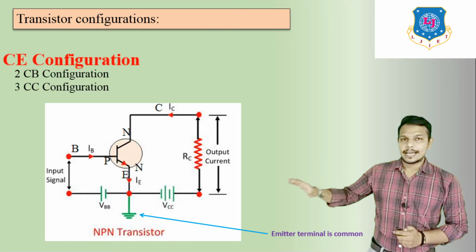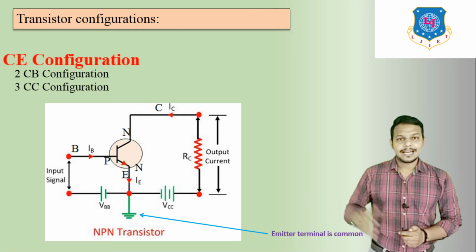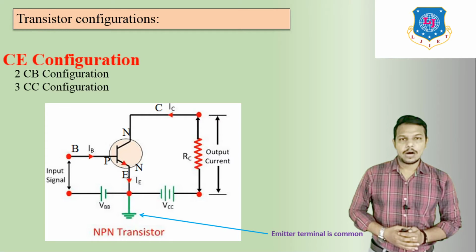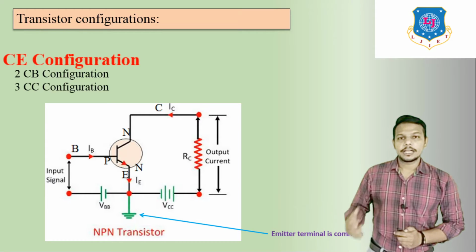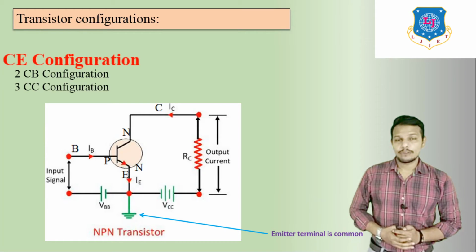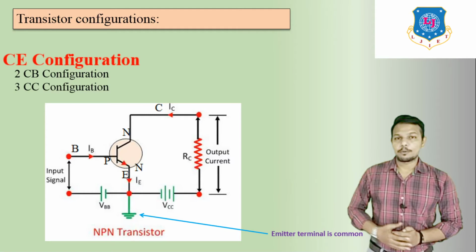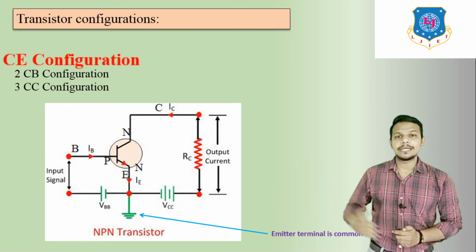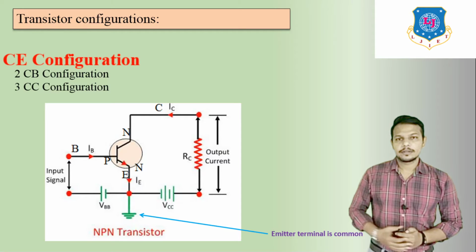Here as an input terminal we are using the base terminal, and as an output terminal we are using the collector terminal. Now here we can see VBB, this is your input voltage, or VBE, the potential difference between base and emitter, that is your input voltage.